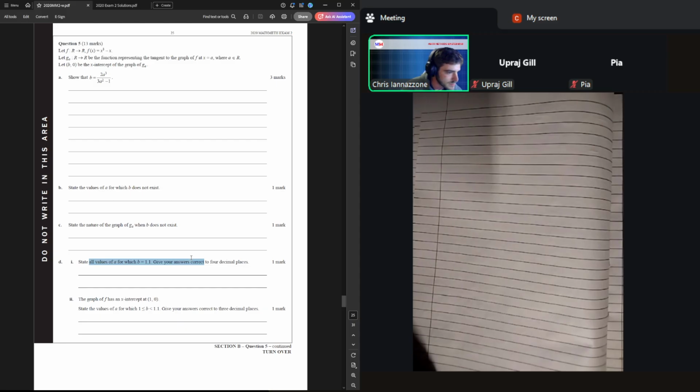State all the values of a for which b equals 1.1. So I guess at this point it's a good reminder that this is a CAS exam, and you would very easily solve this with CAS.